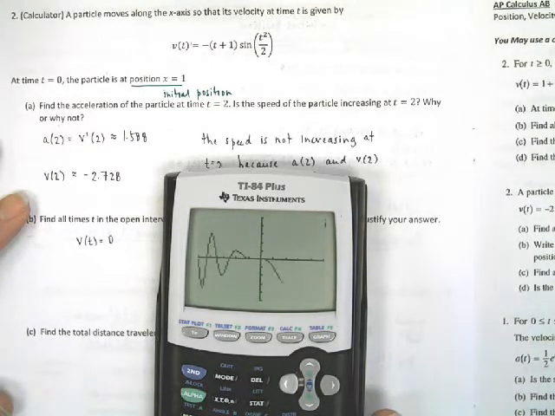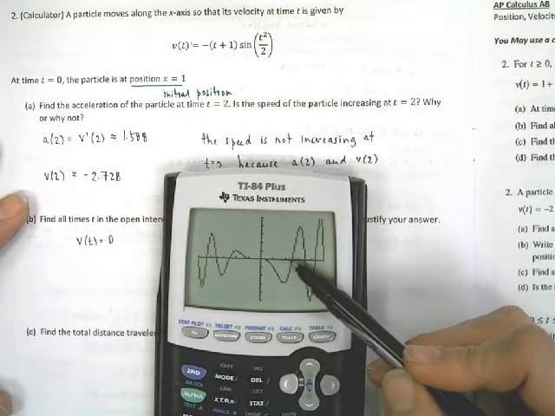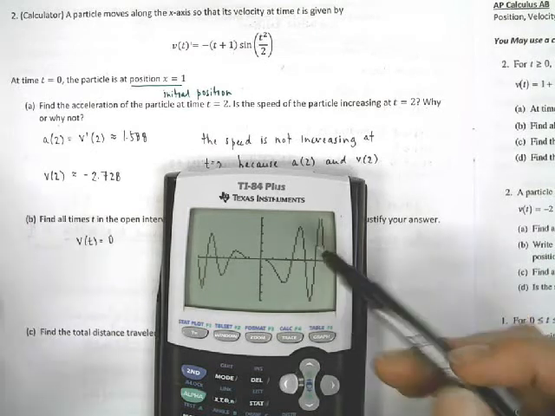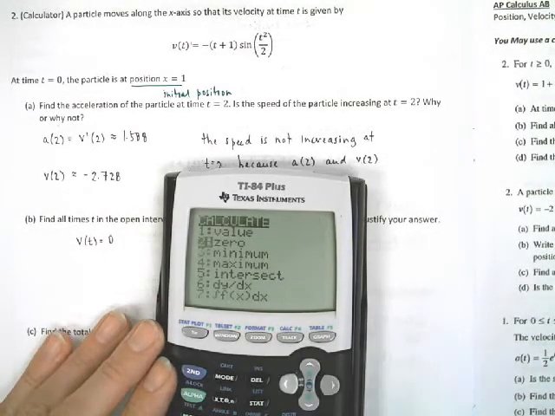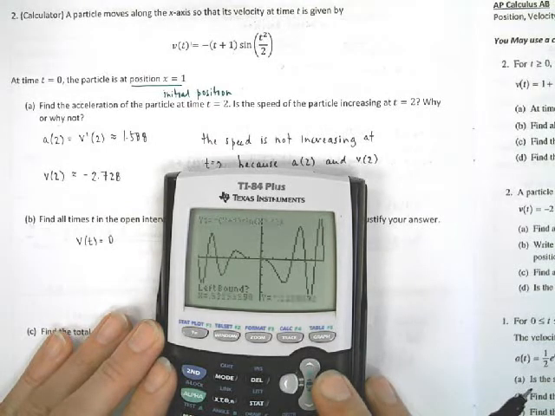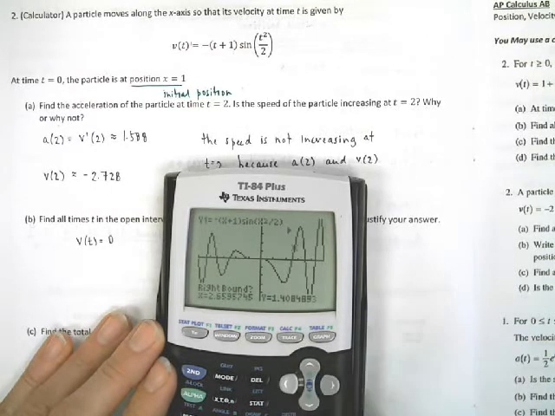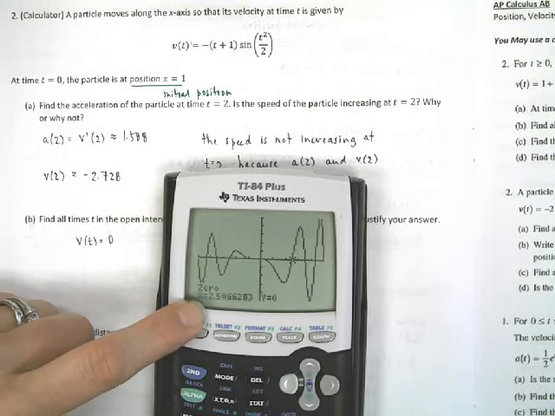I could have gone 0 to 5. All right, so 1, 2, 3. So it looks like I crossed the axis one time in that interval. So I'm going to find that 0. So somewhere below, I'm going to pick a point above, hit enter, and so that happens at 2.507 about.